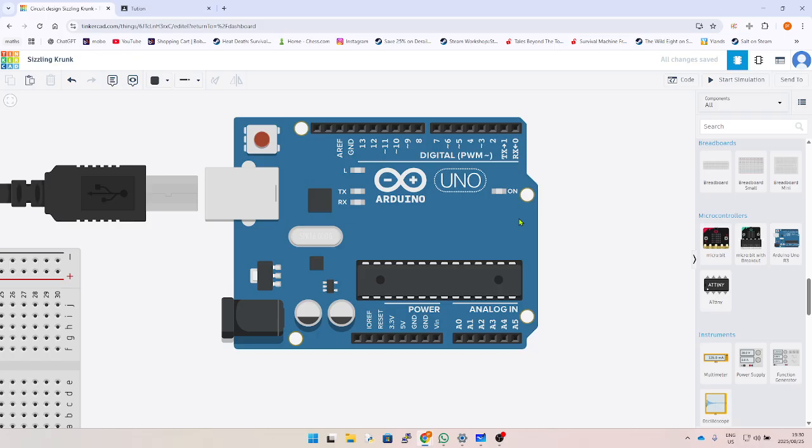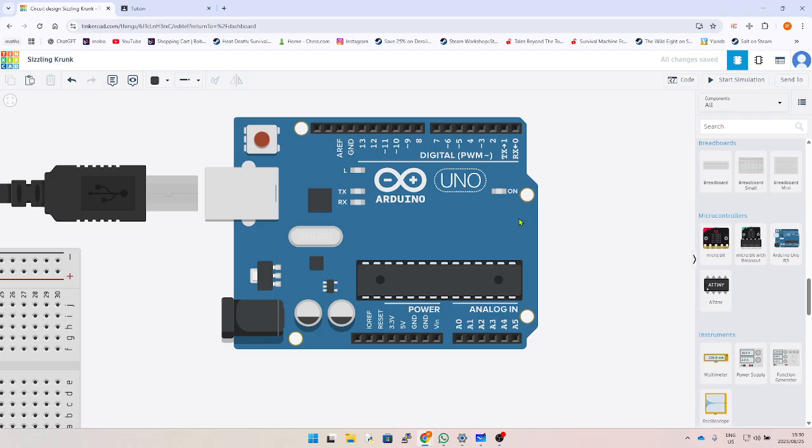Take a guess. The analog pins. Yes, the analog pins, because they can take a large range of values.